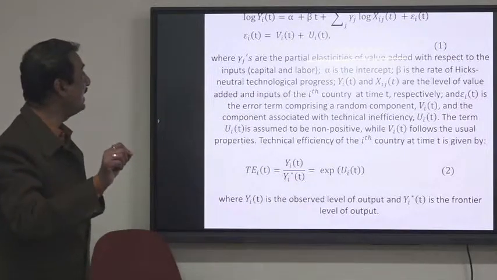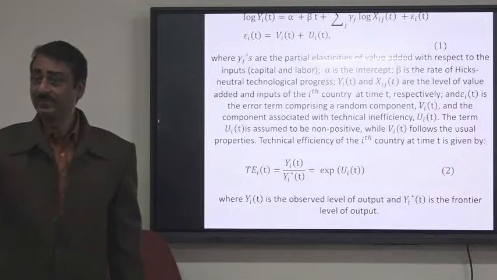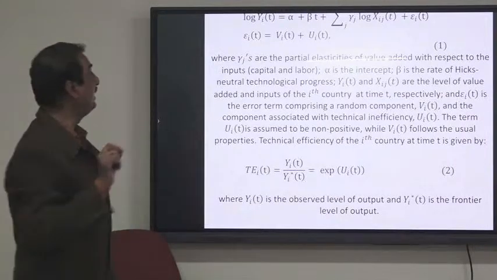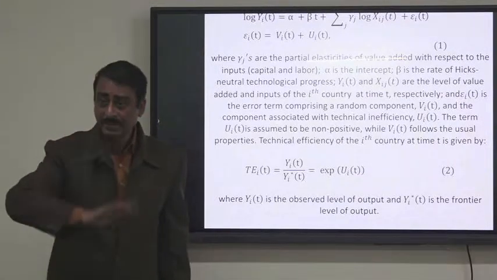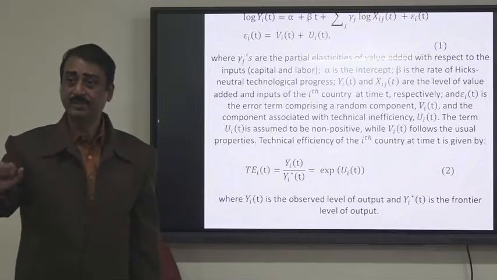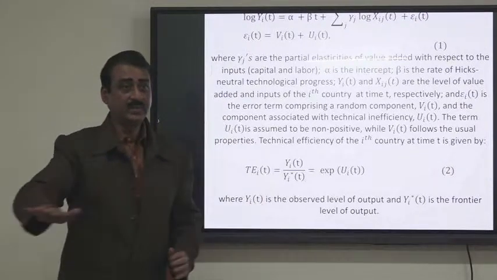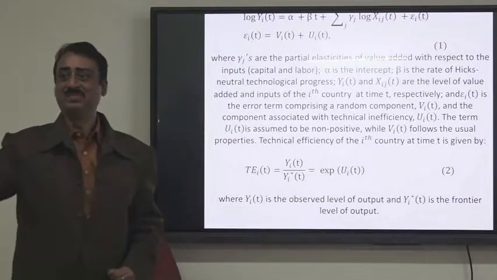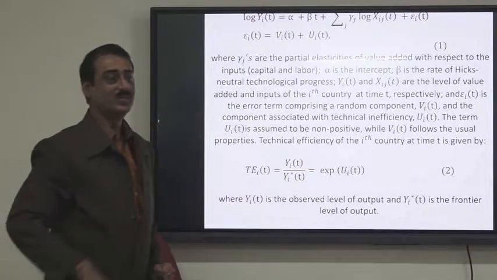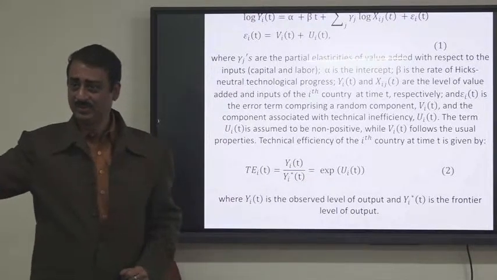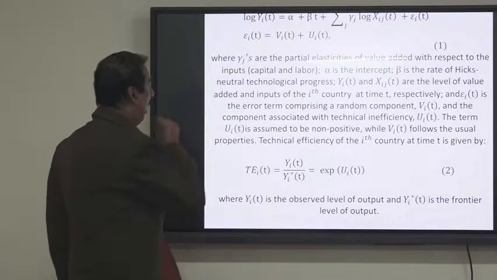Let us say I is your different firm. J represents different inputs: capital, labor, material, energy. I represents different firms, and T represents the time dimension. So for each firm you have time series data.